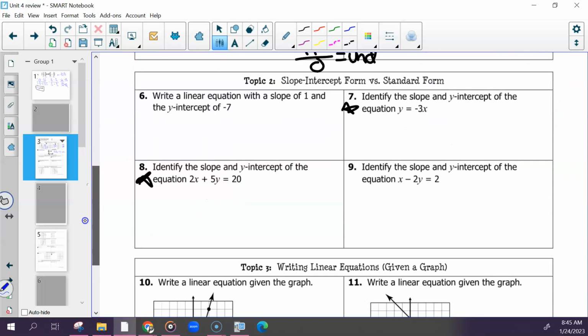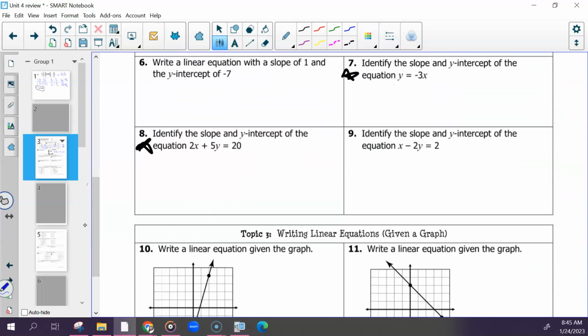Right, so for 9, you have to get it in slope-intercept form first, and then say what the y-intercept and slope are. How would we do that for this? Subtract x on both sides. Go ahead and switch the placement of 2 and negative x. So negative 2y equals negative x plus 2. And then divide by negative 2 to everything.